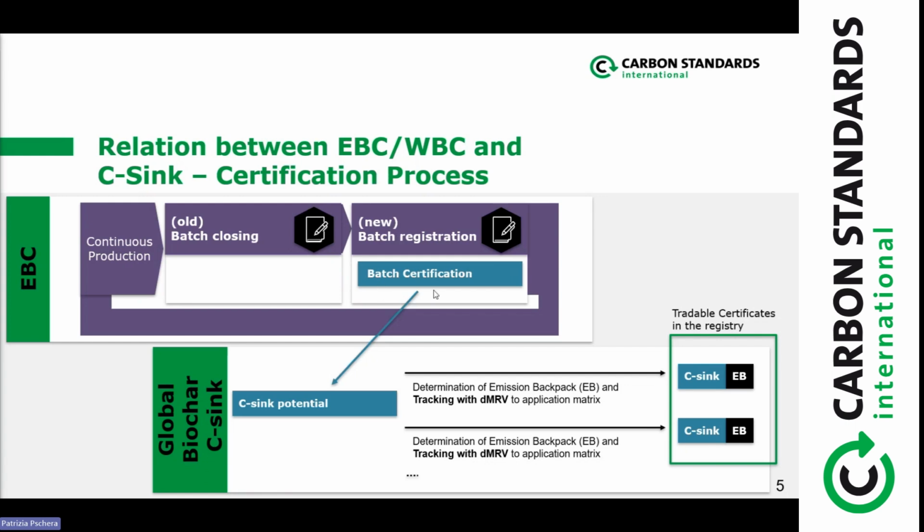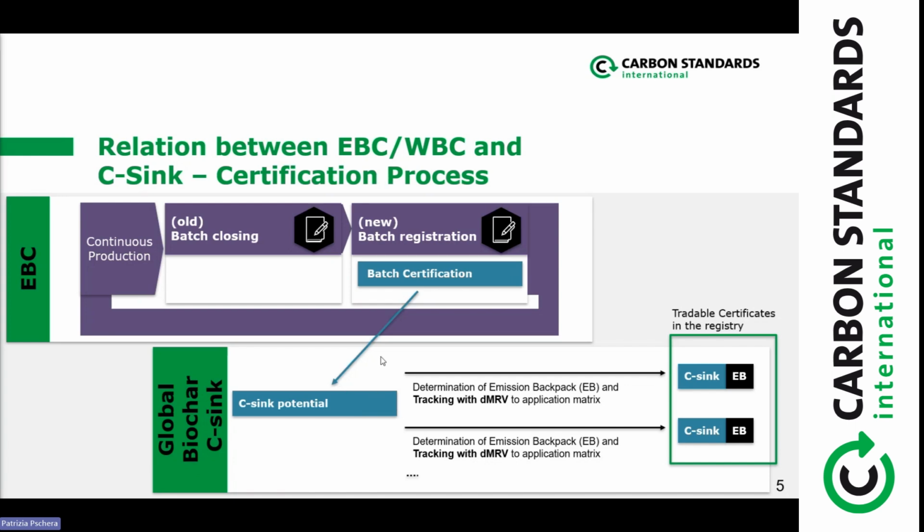And with this batch certification, if you are registered for the C Sink service, you also get the C Sink potential. The C Sink potential is a document that shows you how much CO2 is bound to the biochar and how much emissions have been produced while producing this biochar, and the emissions are divided into fossil fuel related emissions and CH4, so methane emissions.